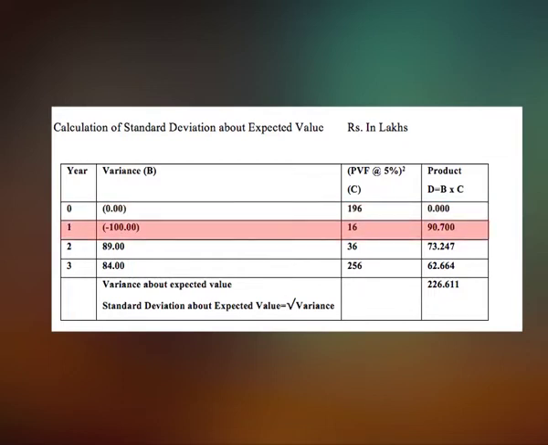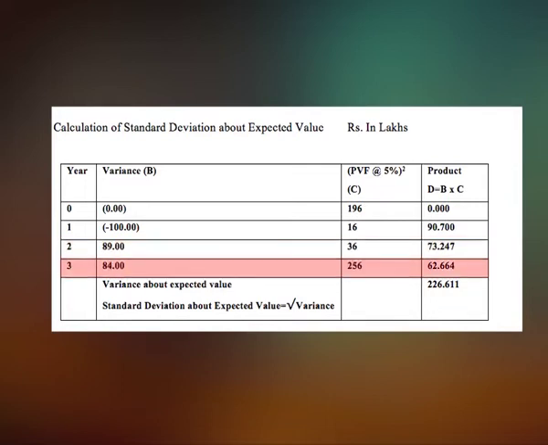For the first year, 100, then present value factor 16, the product is 90.700. Then for the second year, it is 89, present value factor, that is PVF at 5%, is 36 and the product is 73.247.